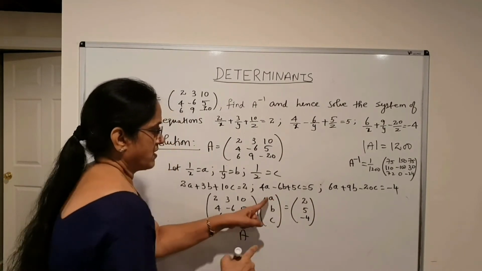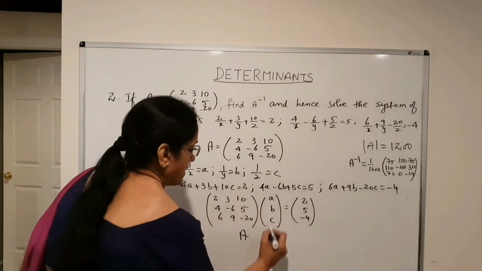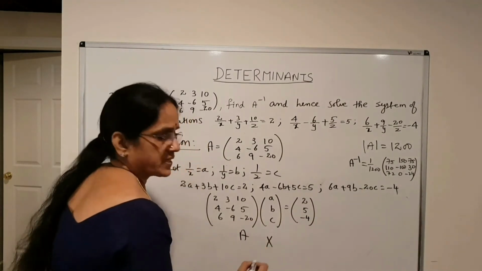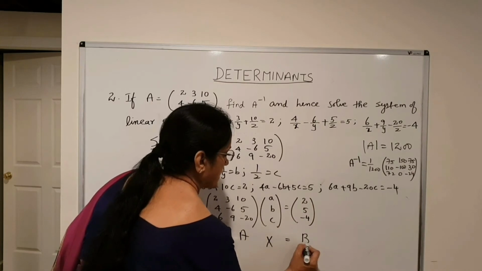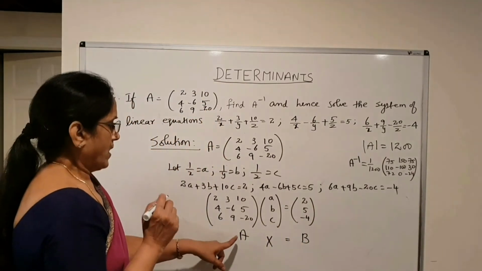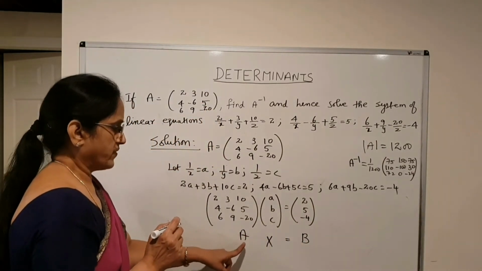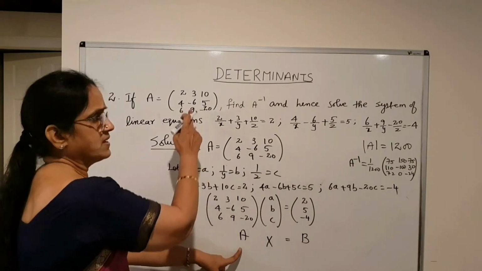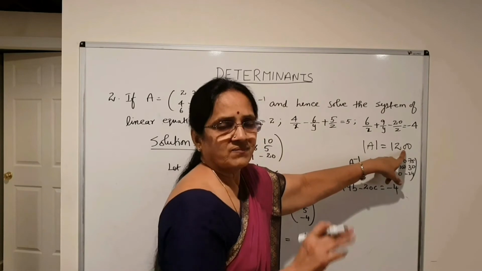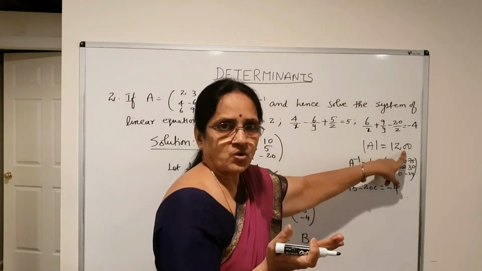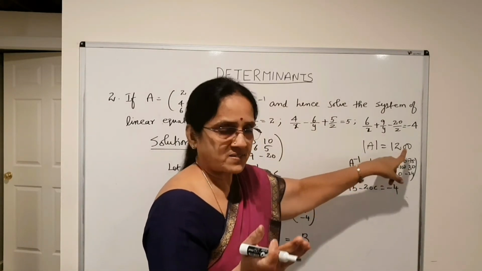This matrix, column matrix a, b, c, let me take it as X, which is equal to this column matrix 2, 5, minus 4. Take it as B. Now, already I know the determinant value of A because these both A's are same. So, determinant A, I got it as 1200, which is not equal to 0. Therefore, A inverse exists.